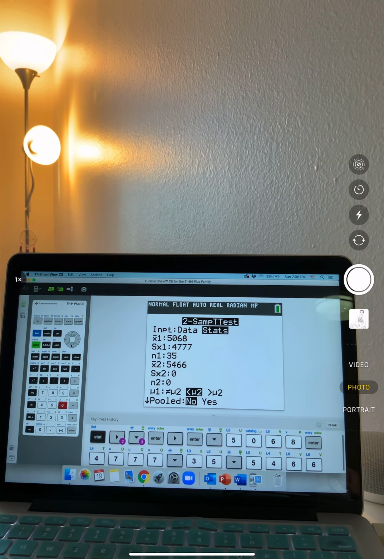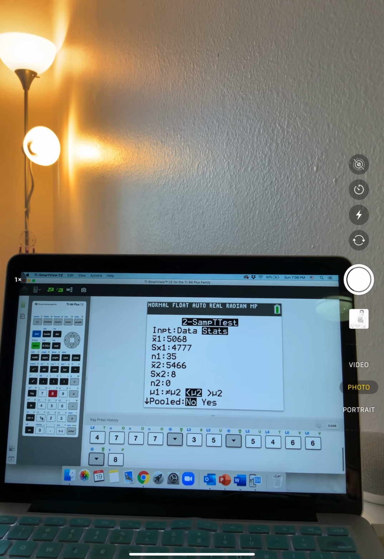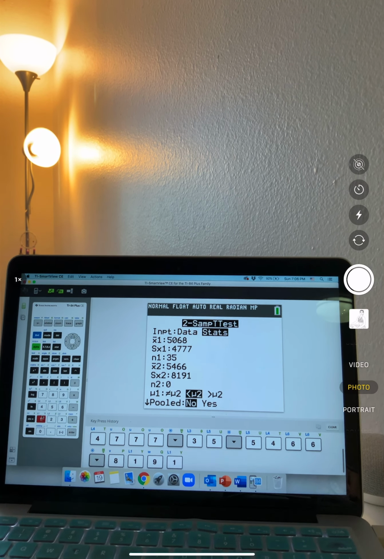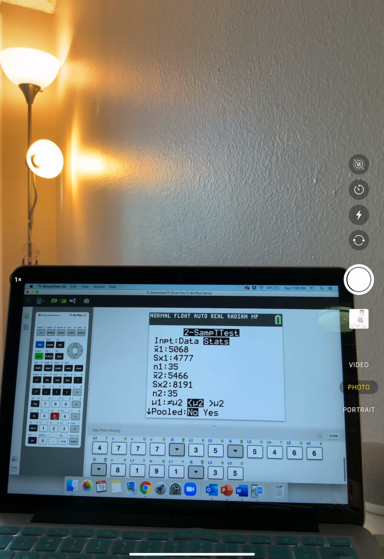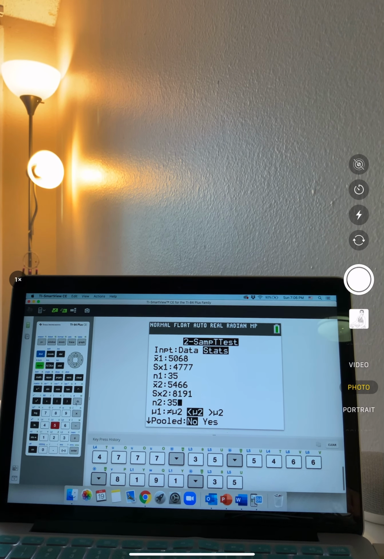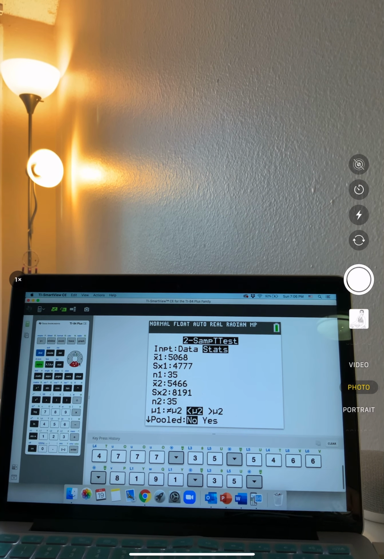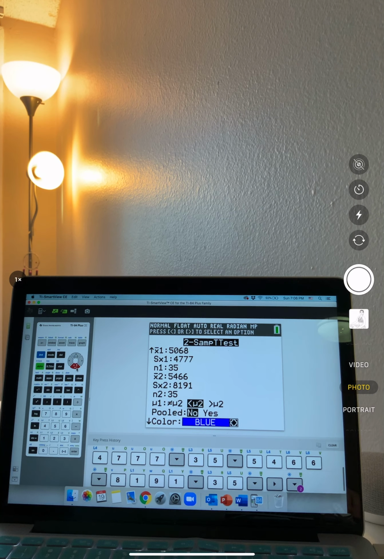And then S will be 8191. Same sample size, 35. Your alternative hypothesis was group 1 was less than group 2. So that's good.